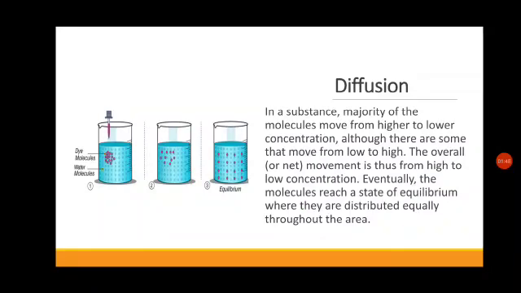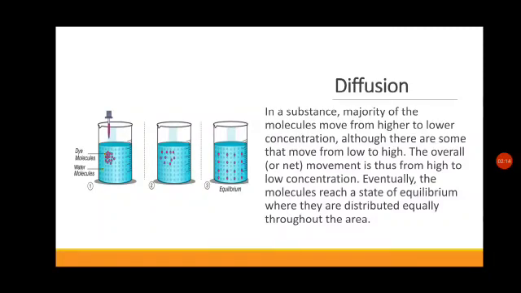Eventually, the molecules reach a state of equilibrium, where they are distributed equally throughout the area. It means that in a solution, some molecules are moving from higher concentration to lower, and there are some other molecules, very few in amount, which travel from lower to higher concentration.